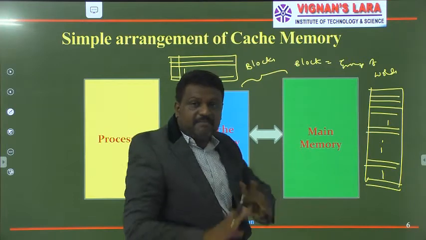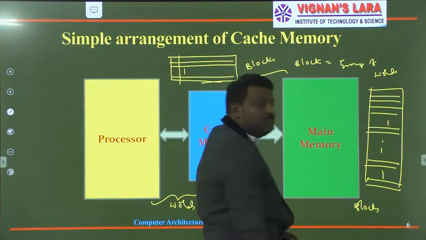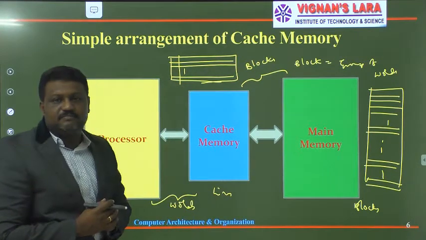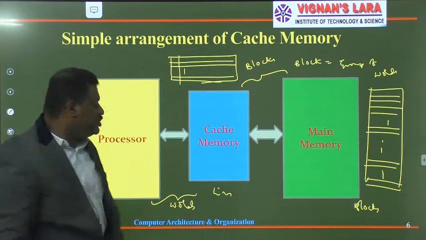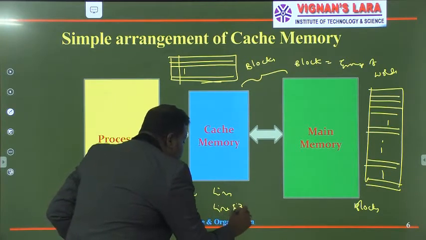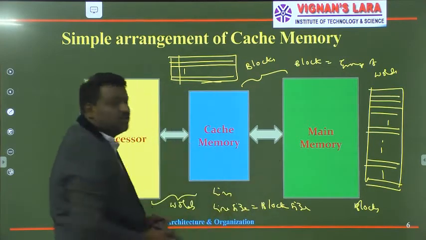This main memory can be divided into a number of blocks, but cache memory is divided into a number of lines. The important condition here is that line size in a cache is equal to block size in main memory. That's important.